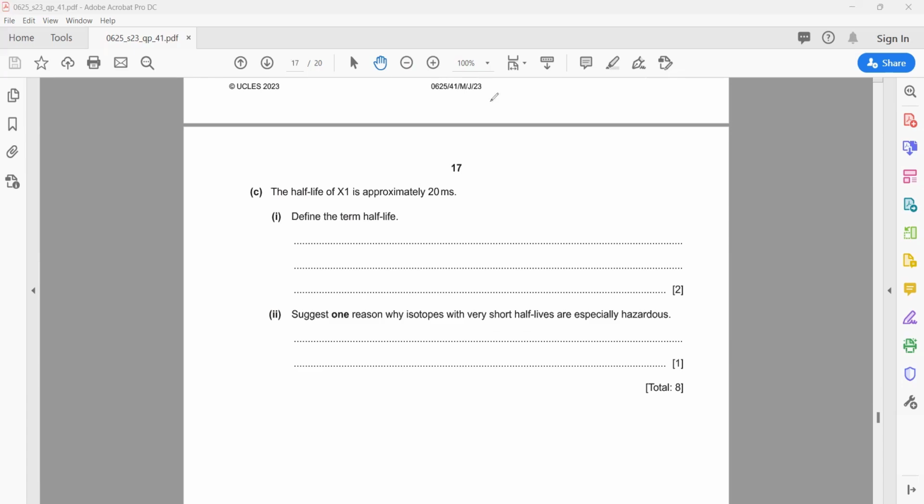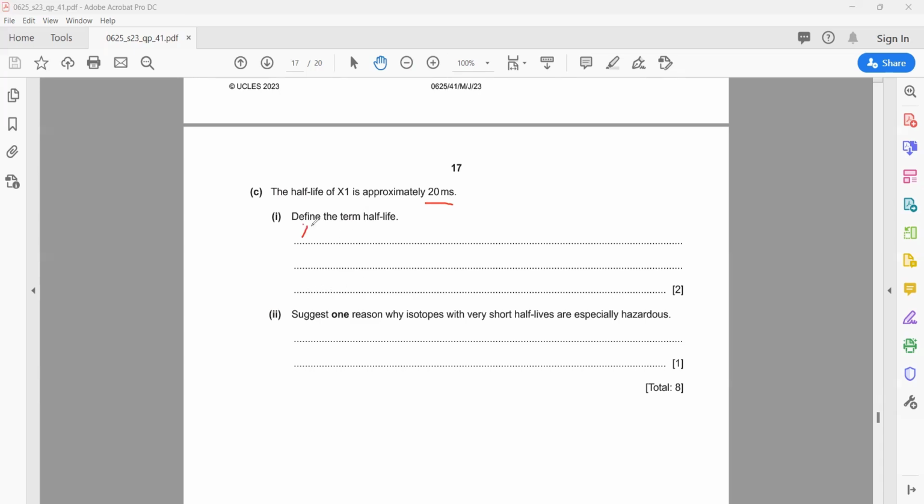Okay. Half-life of X1 is approximately 20 milliseconds. What is half-life? Half-life is a definition. It is the time taken for half of the nuclei of a given sample to decay.